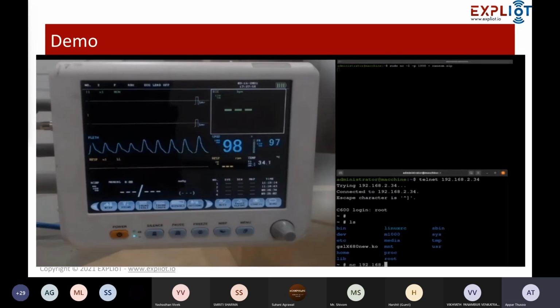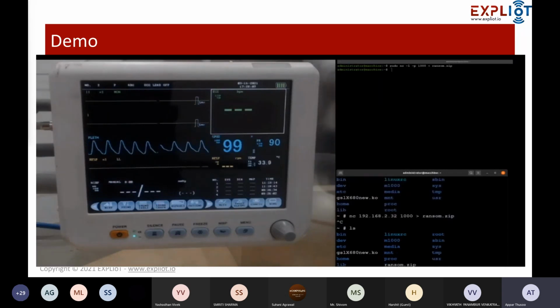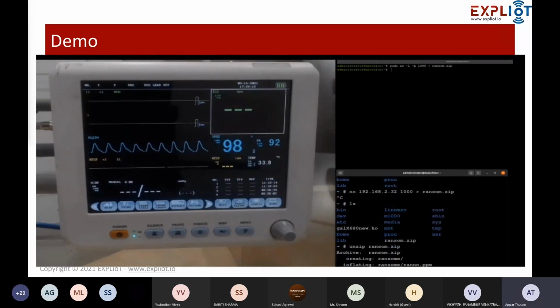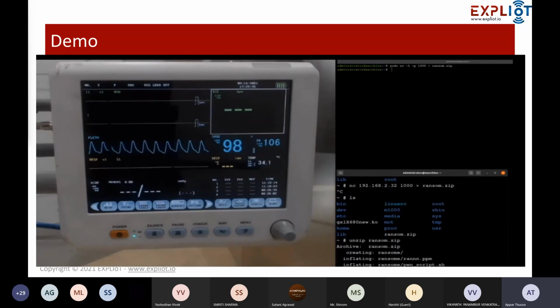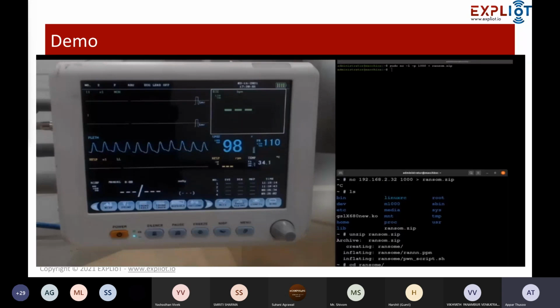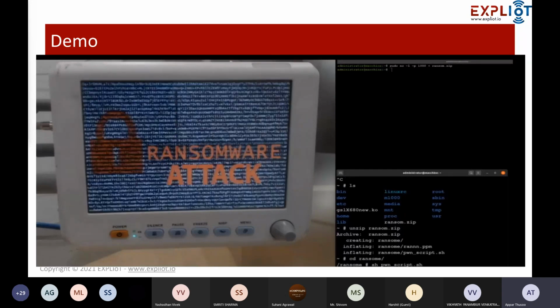Here, as you can see, telnet was enabled by default on this device, and the attacker basically drops a zip file and a script to unzip and execute on the device.